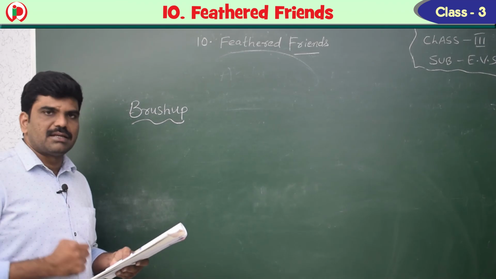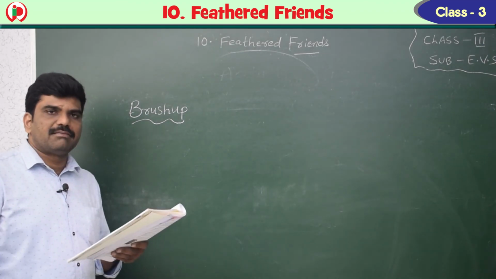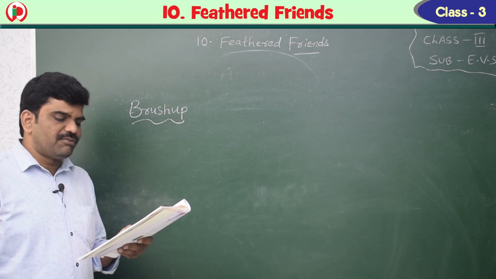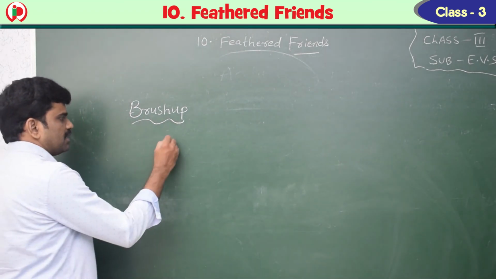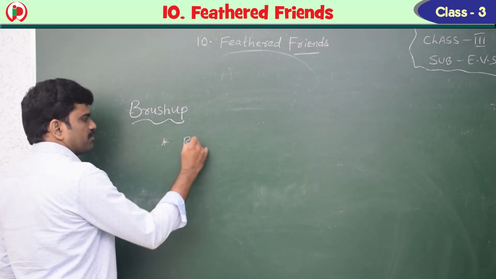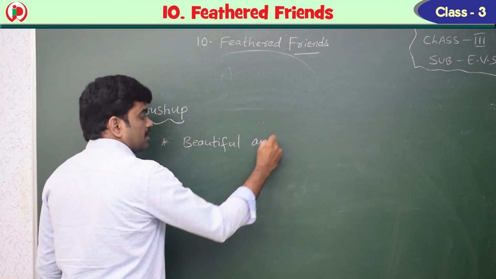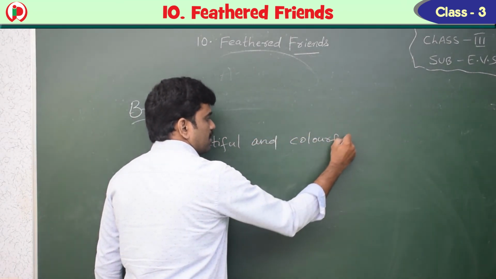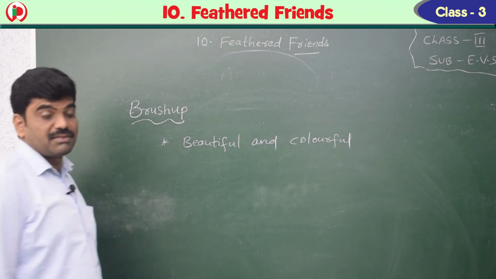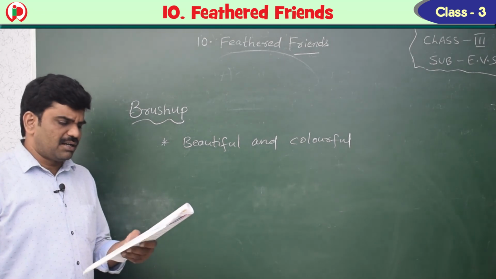Children, now let's brush up the lesson once again. The first point. Birds are the most beautiful and colorful creatures found on the earth. Yes, we have seen different kinds of birds which are beautiful and colorful.